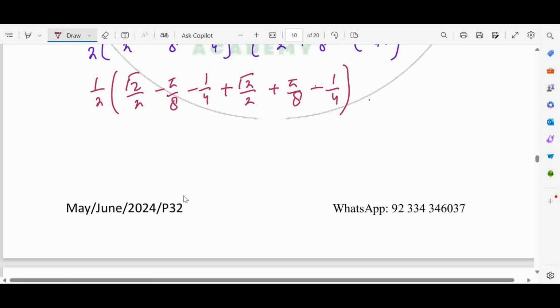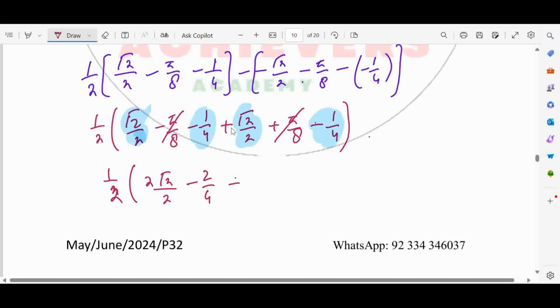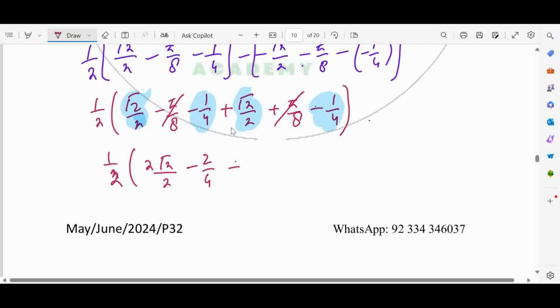Now if we simplify it, this will be 1 by 2 into 2 square root of 2 by 2. Then we have to add these two, minus 1 by 4 and minus 1 by 4, minus 2 by 4, plus, now we can cancel out these two.